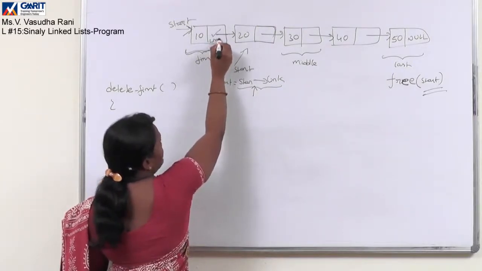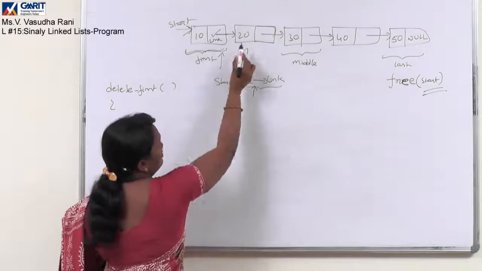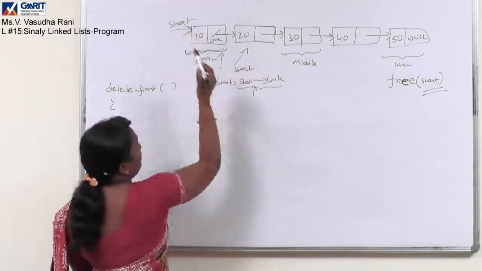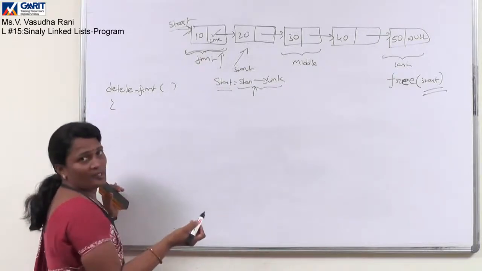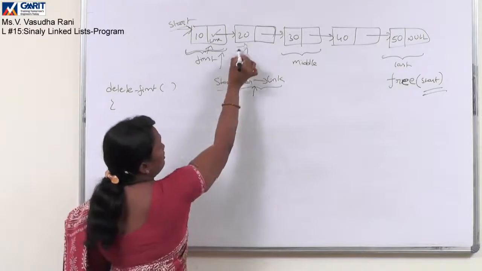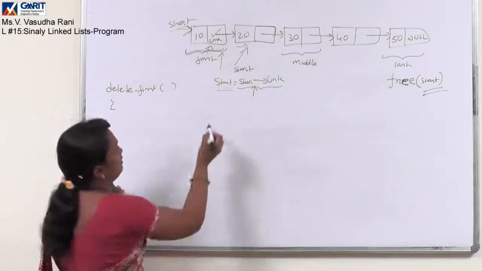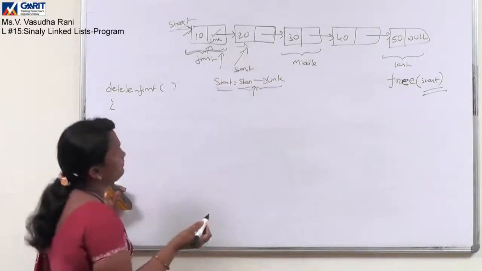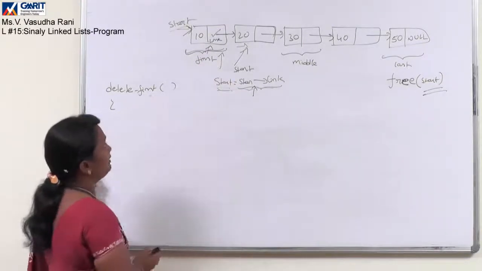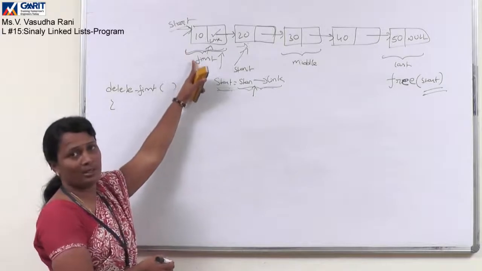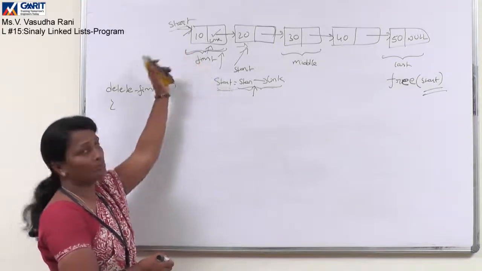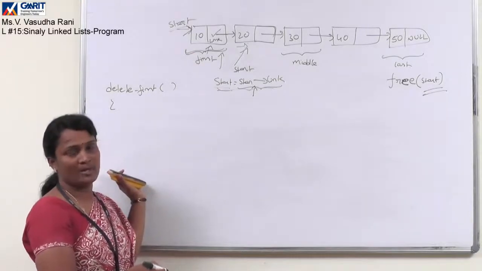In this link part, what is the address you have? You have the address of the next node. If you store the next node address in your start pointer, it indicates that leaving this current node, you can move to the next node. Okay, so through this you can go to the next node, but we have to free the memory of this particular first node, which is accessed through your start pointer.